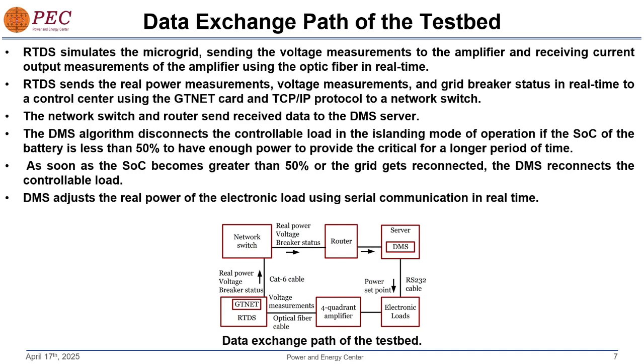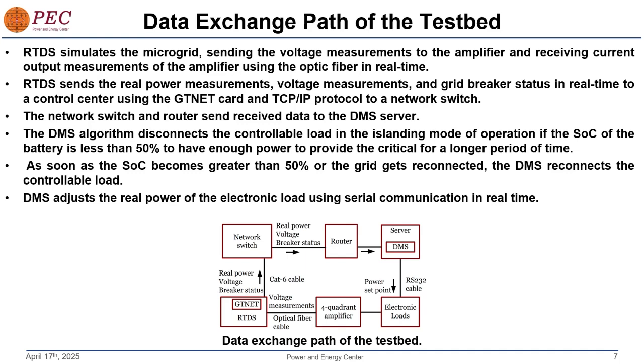The command is sent through an RS-232 cable to the electronic loads, and the electronic load is hard-wired to the 4-quadrant amplifier. And the way that the DMS works is that it works based on the state of charge of the battery.